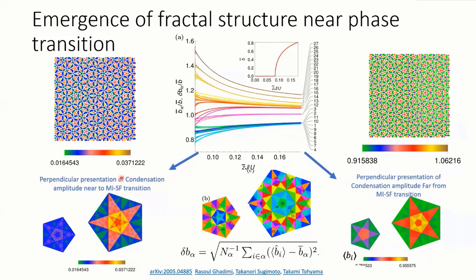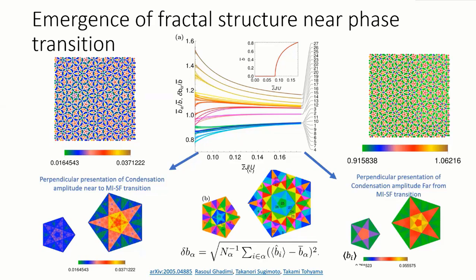If you remember, by vertex classification the perpendicular space is divided into different sections. So this fractal structure means that the superfluidity amplitude depends on the individual vertices.